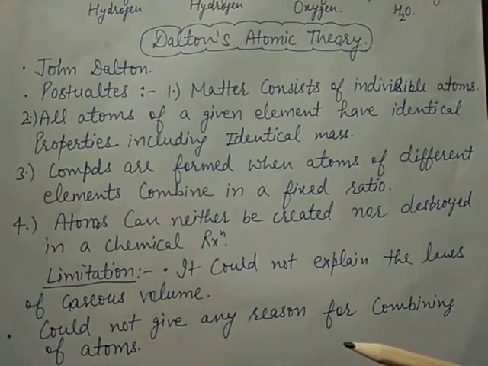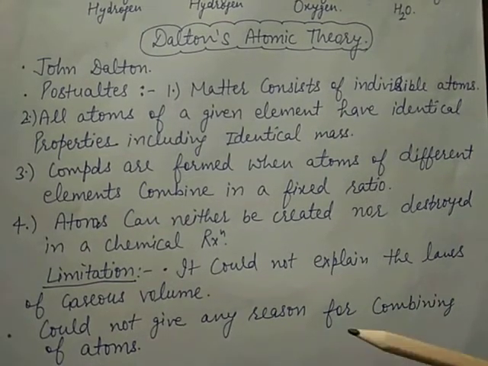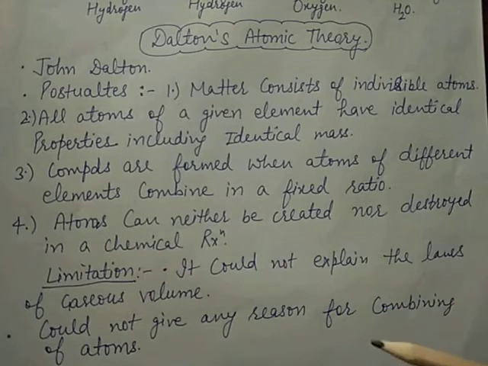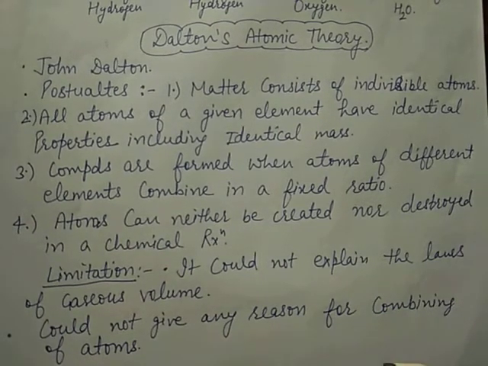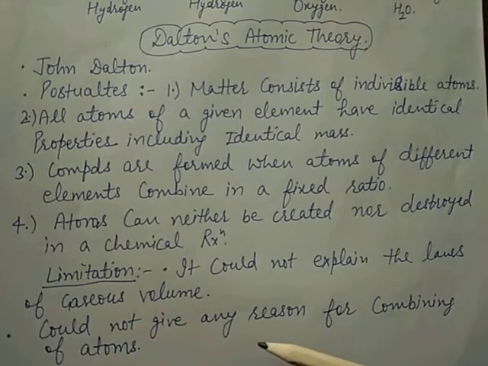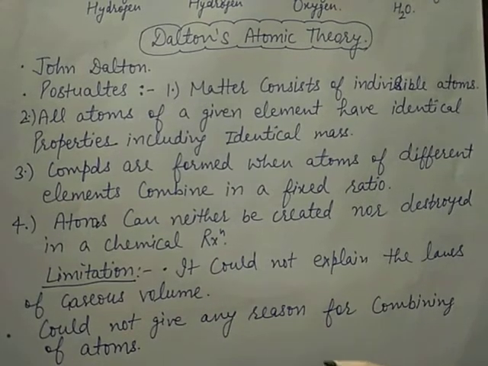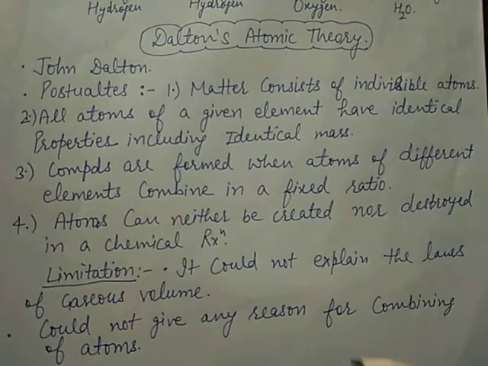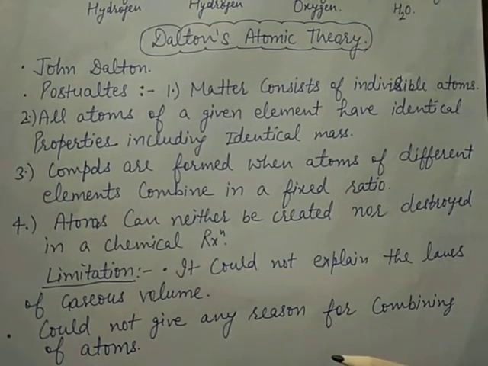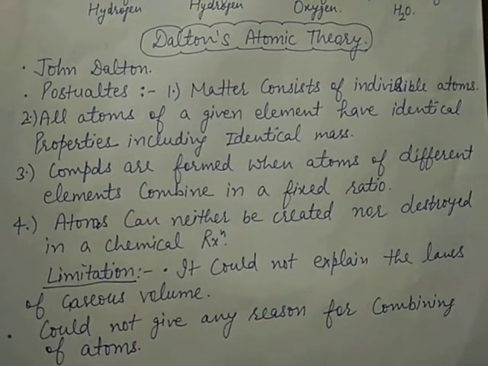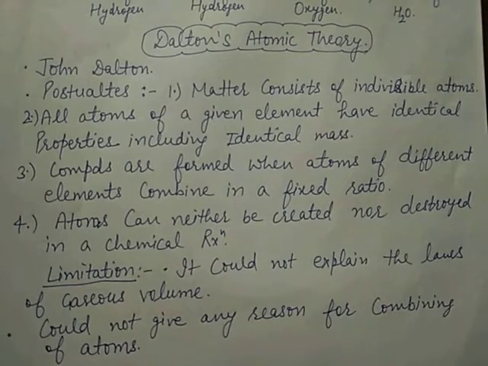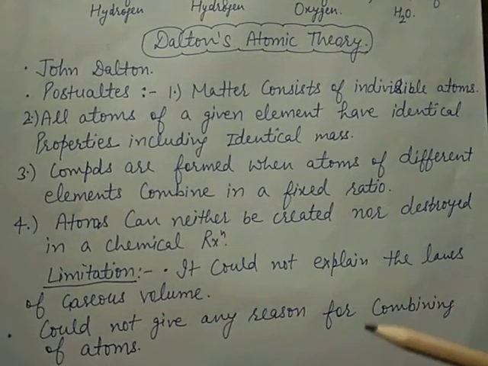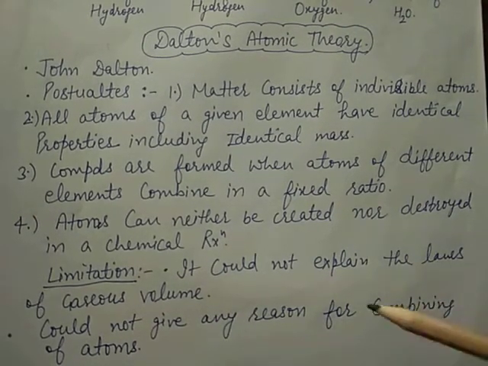This theory also failed to explain the nature of the force that binds atoms together in a molecule. It could not explain how and why atoms of different elements combine with each other to form a compound. So all these are the limitations of Dalton's atomic theory.